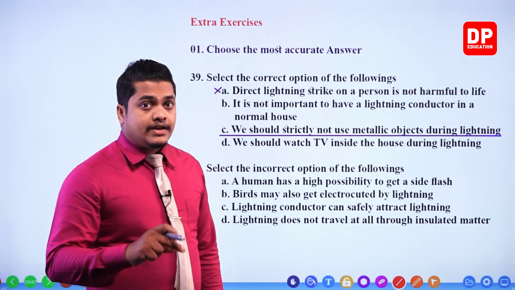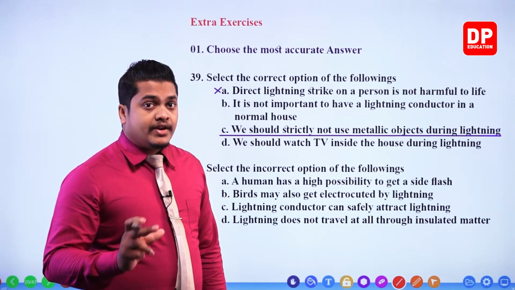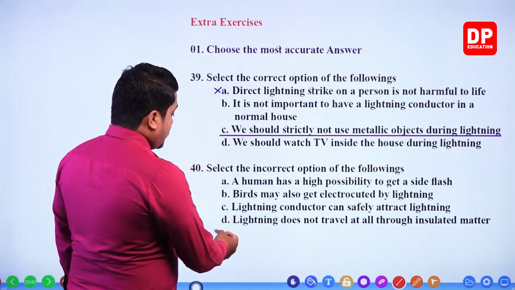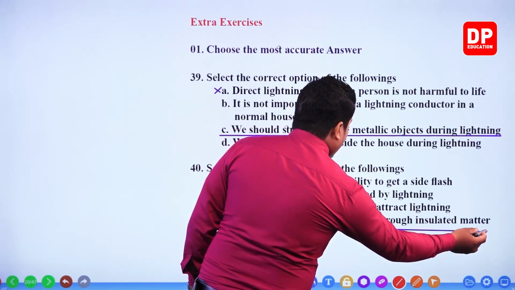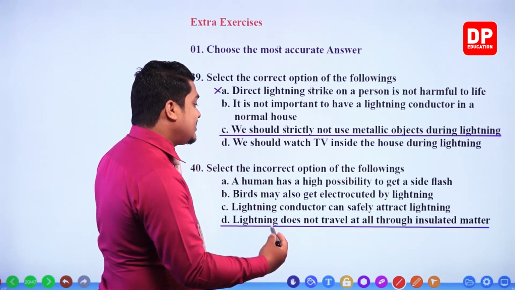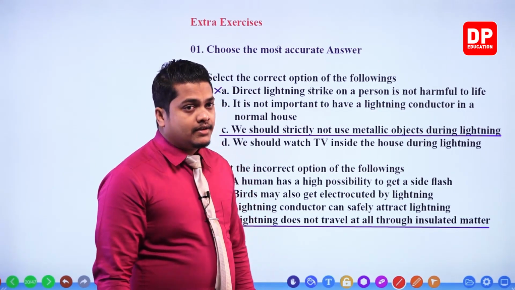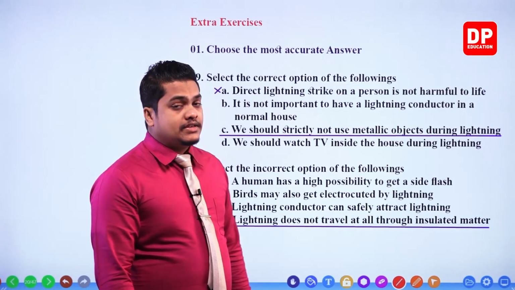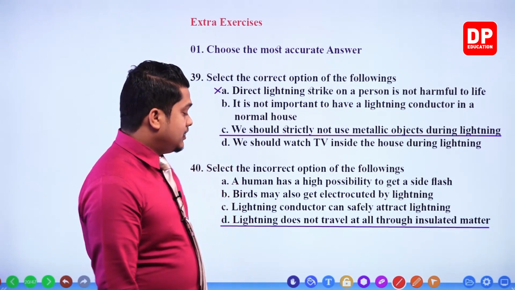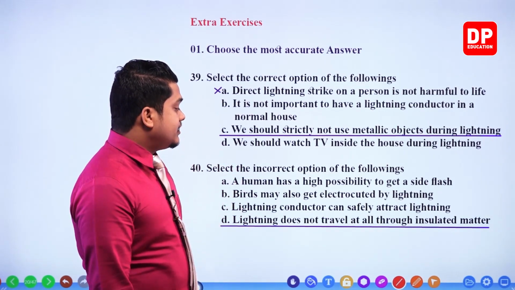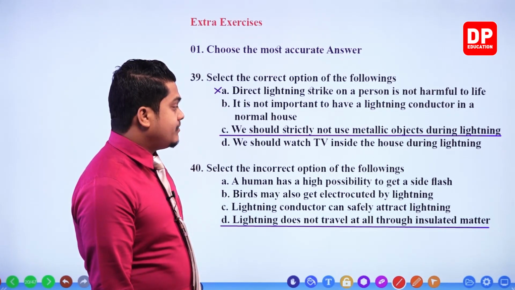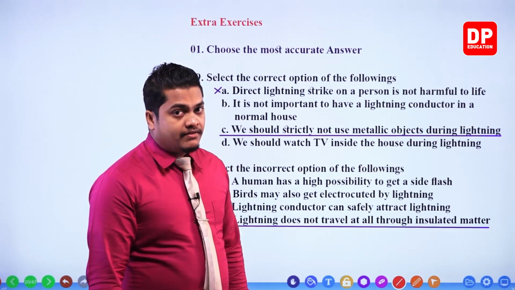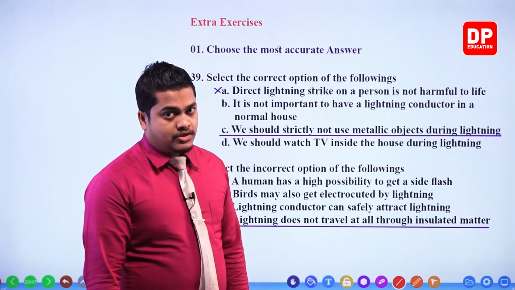Because of that, lightning can come sometimes through insulated materials. So it can travel. So our correct answer would be lightning does not travel at all through insulated matter. This is incorrect, so that should be our appropriate answer for the question.